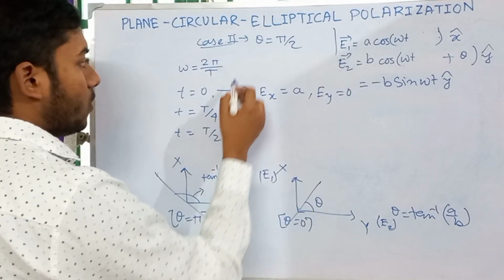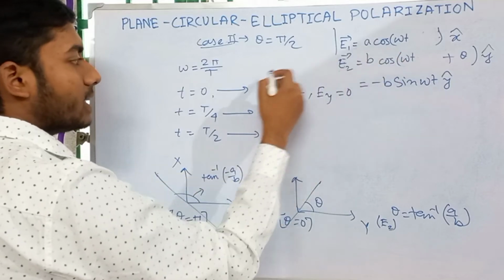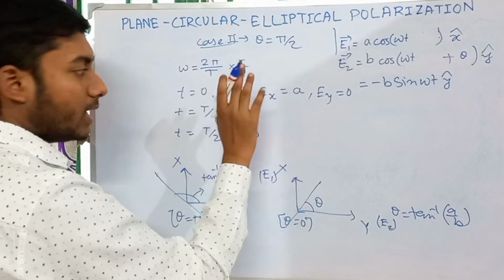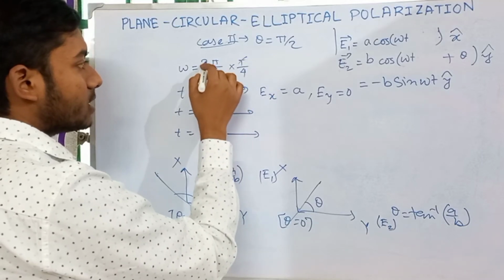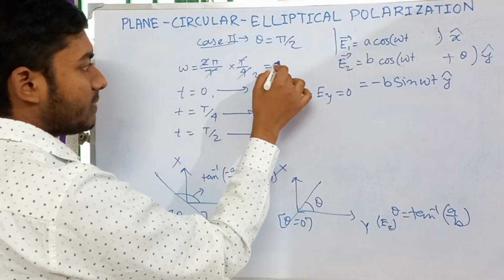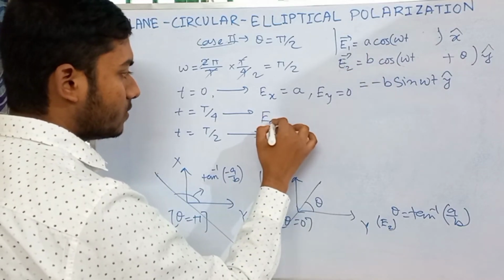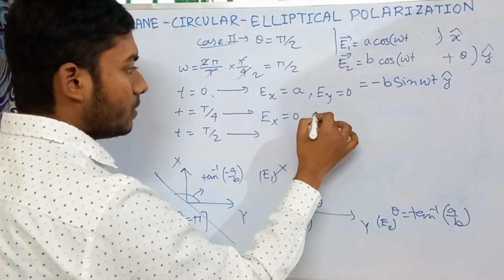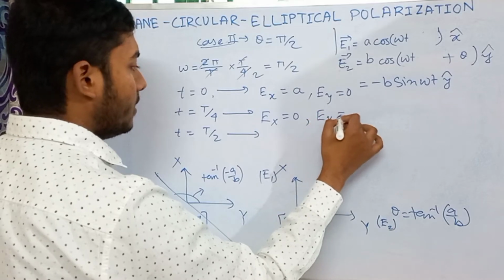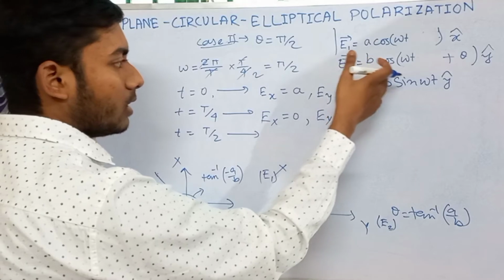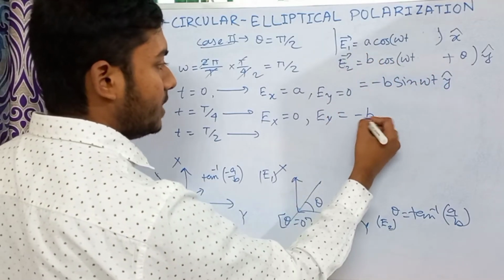At t equals T by 4, omega t means 2 pi by T into T by 4, so T cancels out and this is pi by 2. So A cos pi by 2 means Ex will be 0, and Ey will be the same, minus b.